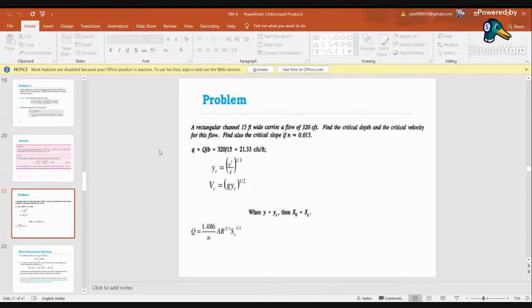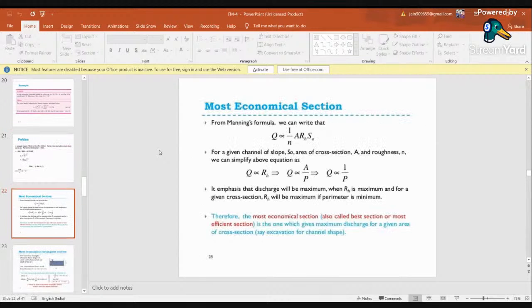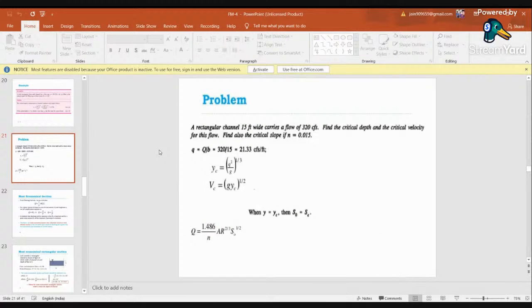So here Q, that is discharge, will be equal to (1/n) A R to the power 2 by 3 and S to the power 1 by 2. You can use this equation and n is directly given to you. So just put the values and get the answer. This is homework for you.